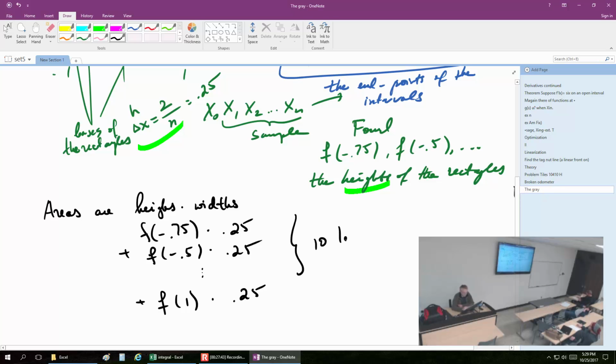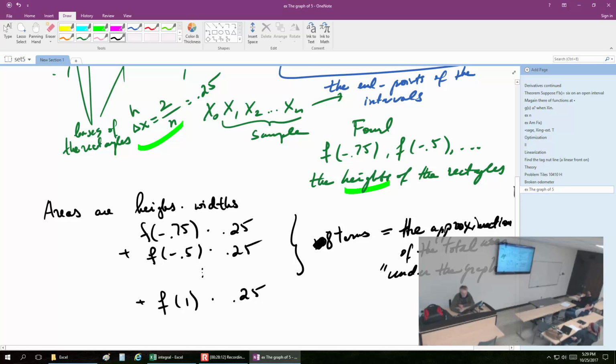So 10 terms, I'm sorry, 8 terms is the approximation of the total area, as it is described, of the area under the graph.